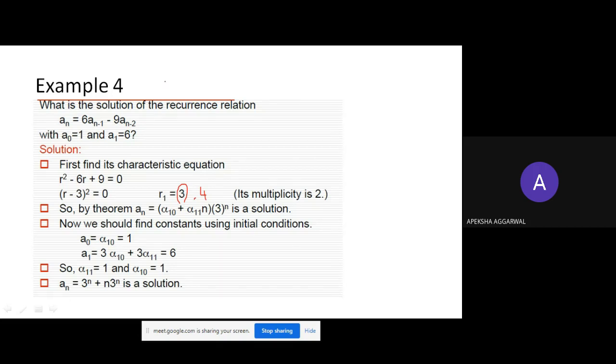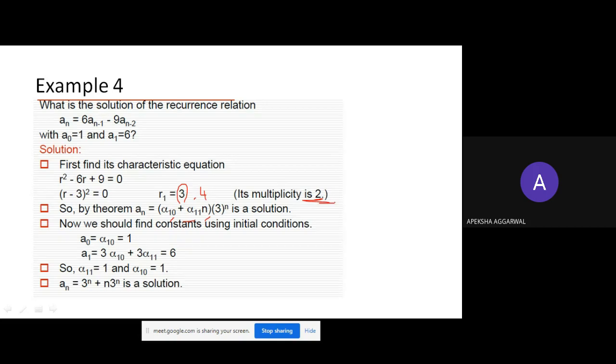So it's recurring 3 times, but the root is only 1. The solution is only 1, so you need to find out three values, right? That is why you place a constant as well as a constant times n, to the power n. Okay, multiplicity is 2.